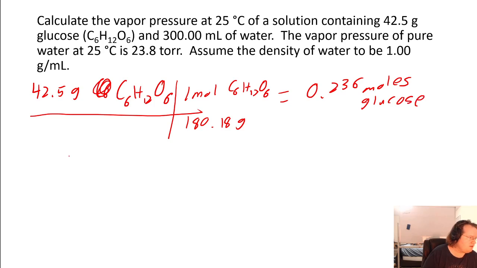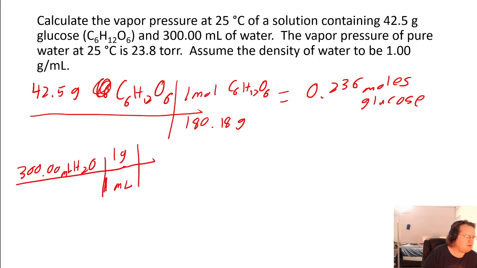Now, I also need to know this for water. So we have 300 milliliters of water. So first I need to use my density. I know that every 1 milliliter is 1 gram. Now, if you're comfortable enough with it, I'm perfectly fine if you were to just write 300 grams when you're solving this problem. But I'm doing this way because a lot of problems won't have a density of 1.